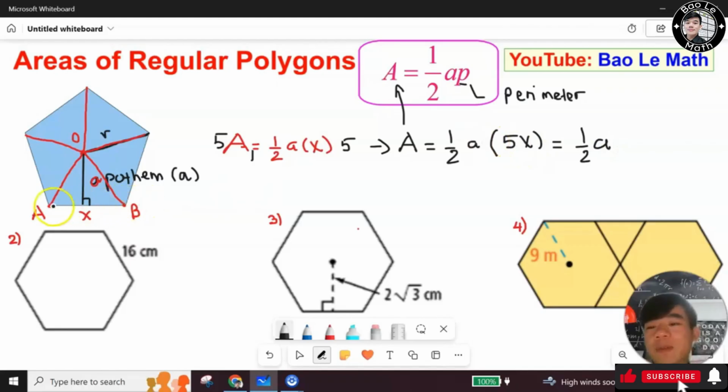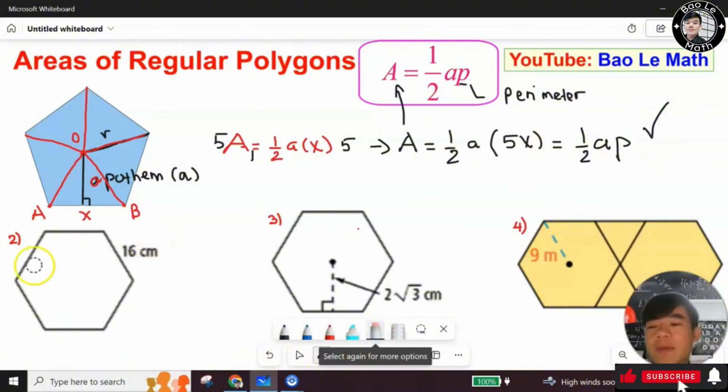Now 5 times s means 5 sides, so 5 times s is the perimeter. So this is the perimeter, and we're done. We just proved the formula.